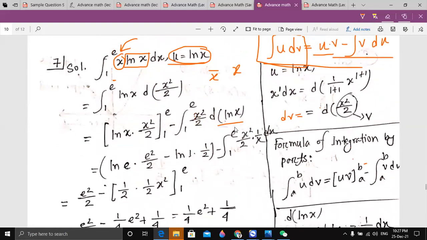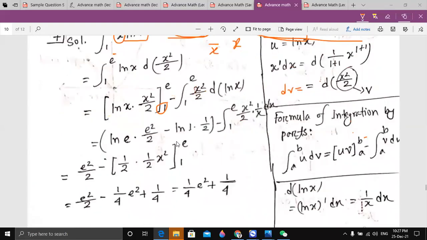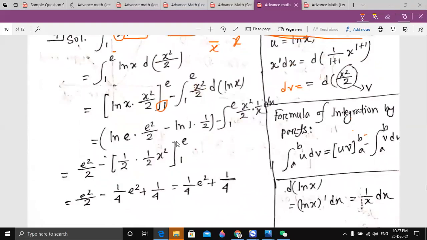Now if you calculate this part, it is a long line. Firstly you have to substitute the upper limit here. So it will become ln e into e square by 2. Then you have to substitute the lower limit here.